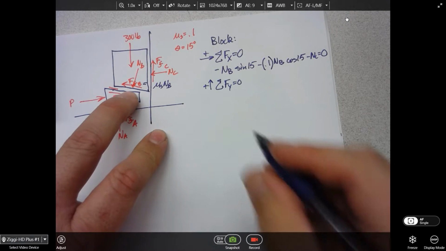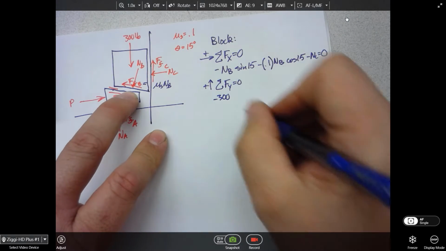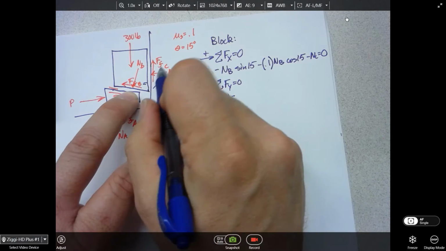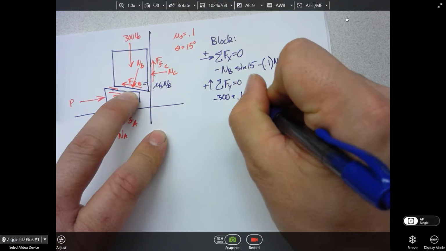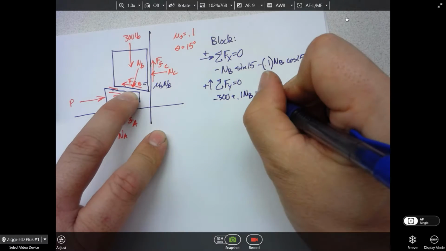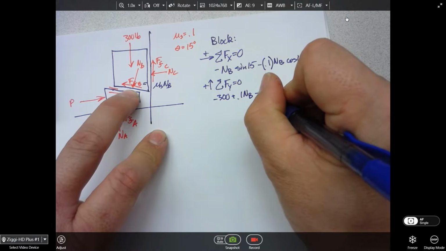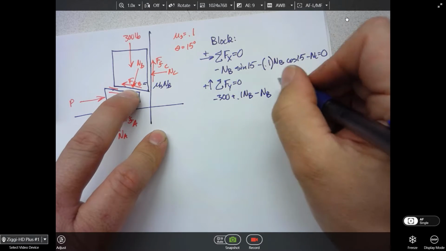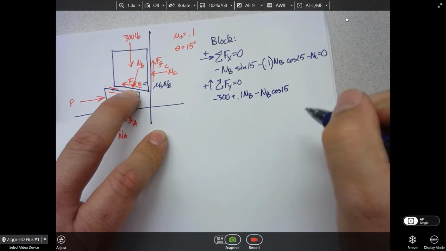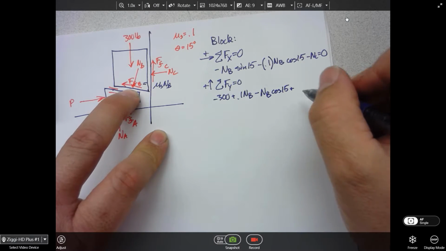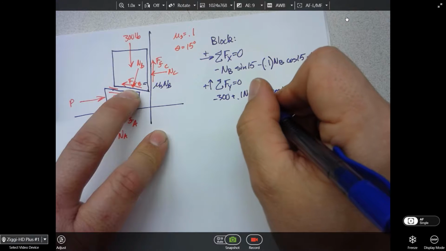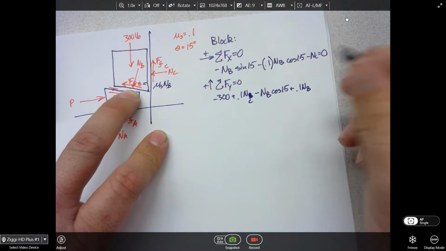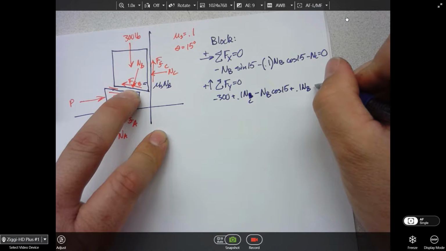So in the y, looks like I'll have minus 300 plus the force of friction at C, so that'd be plus 0.1 normal at B, minus the normal at B cosine 15, plus the force of friction at B, which would be 0.1 NB sine 15.